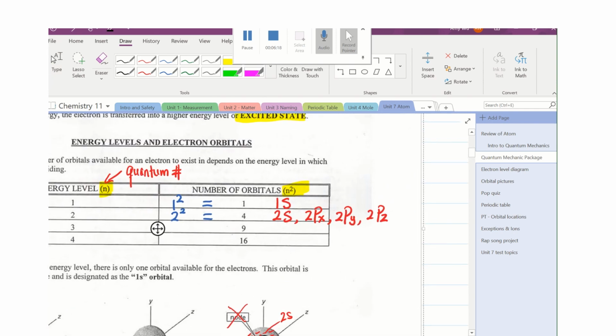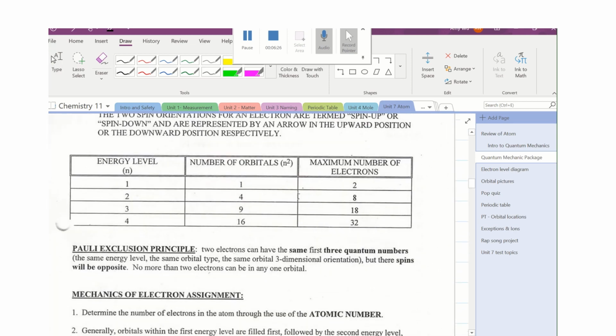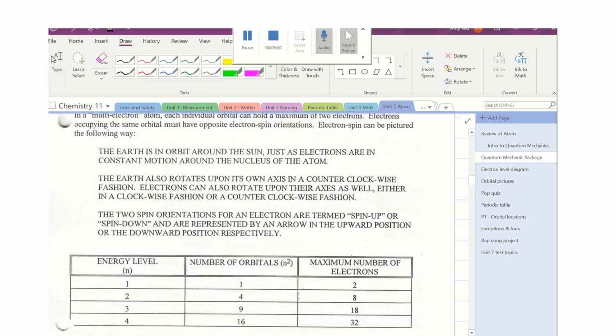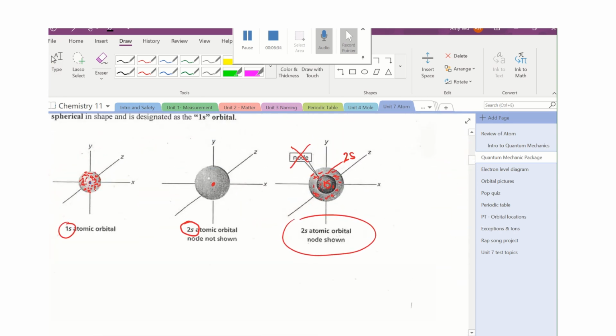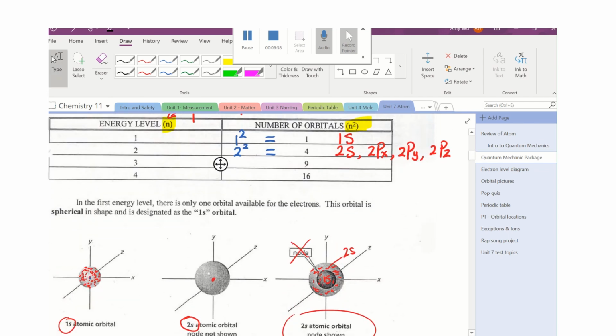Now the px, py, and pz. Remember from last time, somehow I did not scan the second page here, but you guys have it, you have the px, py, and pz. If you want, I can add it here as well.